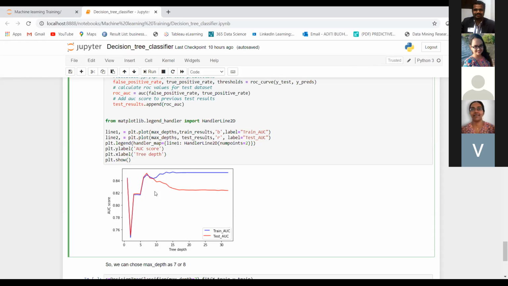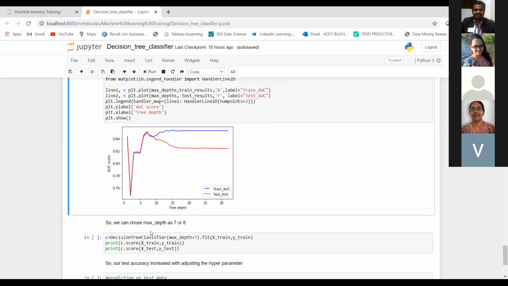So this is the optimum point. Here the value of tree depth is about 7 or 8, so we can choose 7 or 8 as the optimum value for our parameter. Which is our parameter? The maximum depth, the max depth parameter.